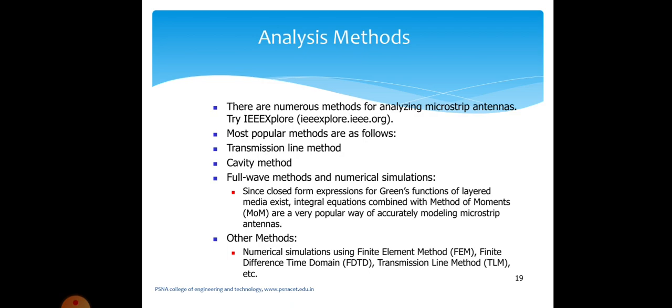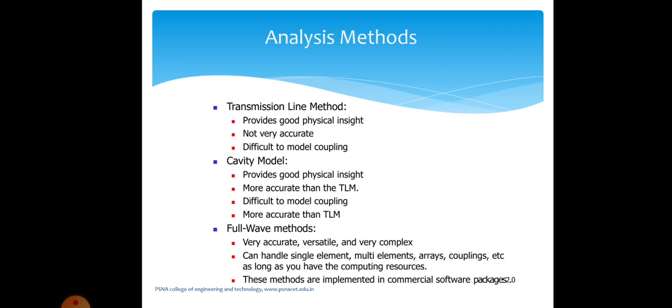In the full wave methods, Green's functions are used with the method of moments, and other numerical simulations are also used: the finite element method, FEM, which generally involves mechanical surface study, the finite difference time domain method, FDTD, and the transmission line method, TLM, which is a method to calculate the field distribution over the microstrip patch antenna.